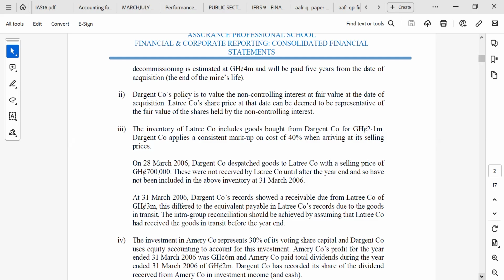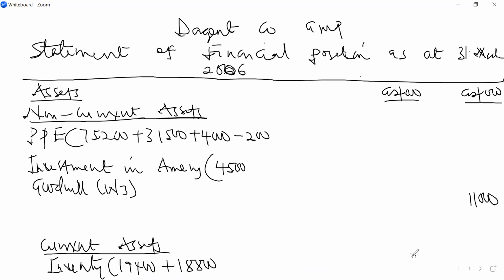So margin is applied on selling price, so we have to change the markup to margin. Let me bring the provision for unrealized profit here. Since I've left this particular space, I'll put provision for unrealized profit. So let's change the markup to margin now.